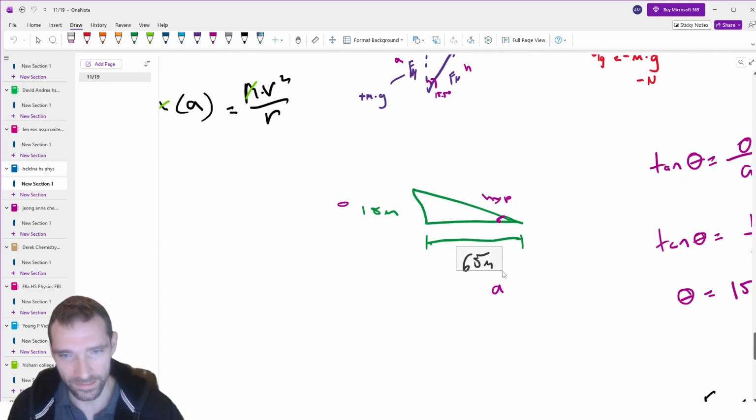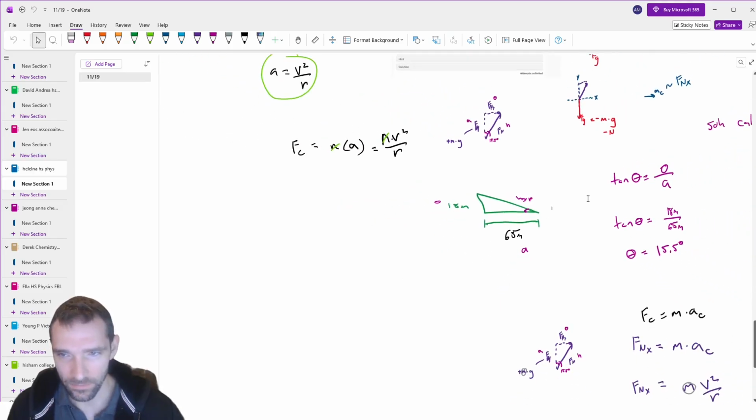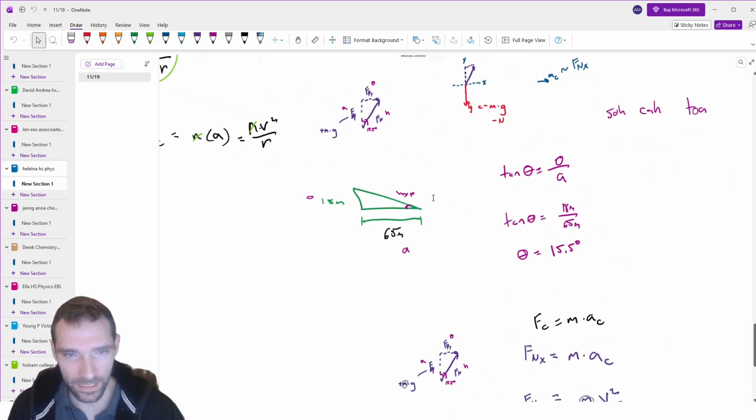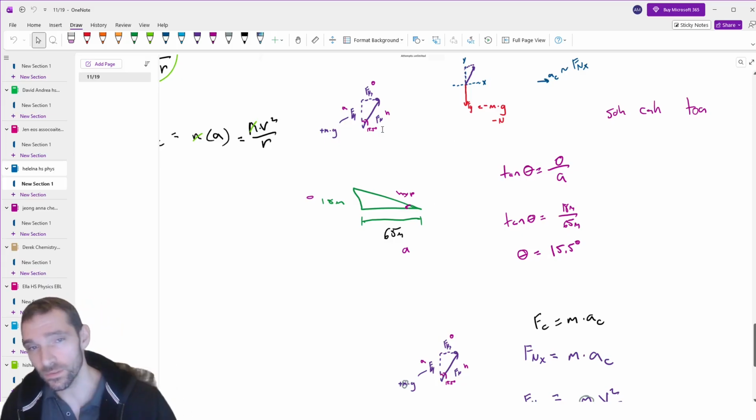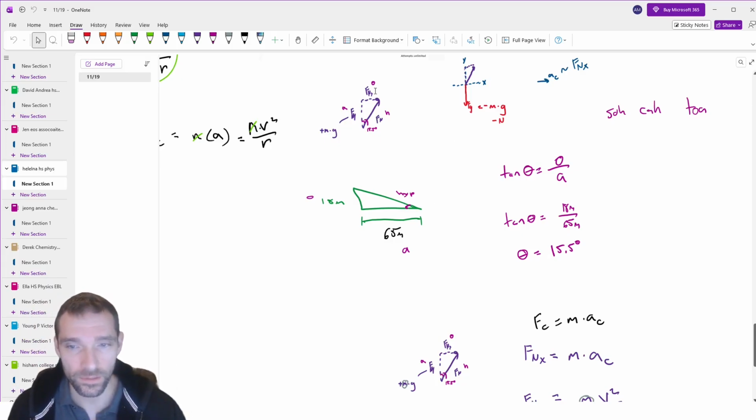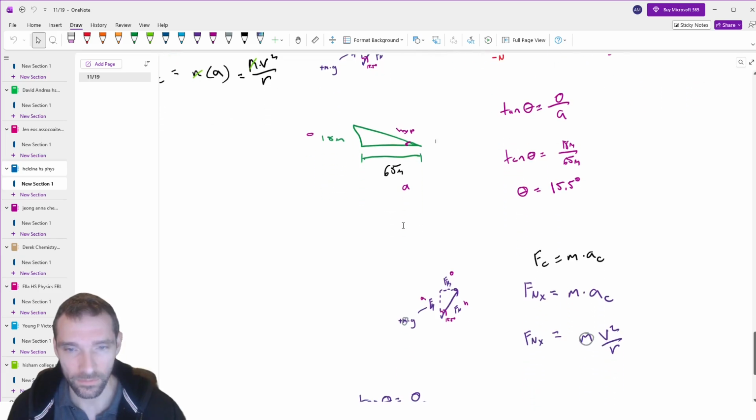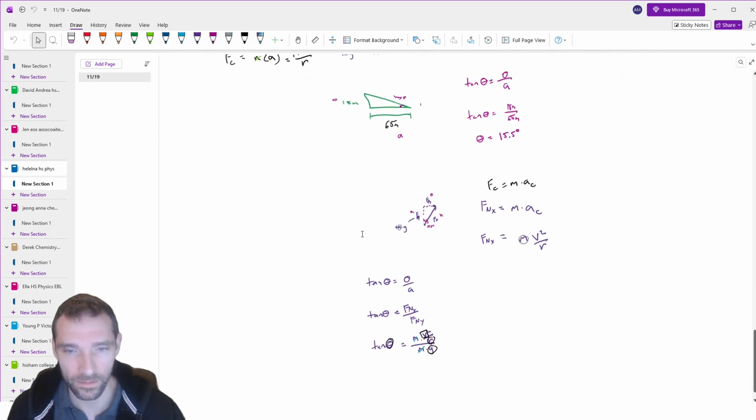So we do that, we get 65 meters, we got 18 meters, and then we use our tan function because we've got opposite and adjacent to find the degrees. Then we can use those degrees to get this force normal and figure out what's going on with our force normal in the x direction.